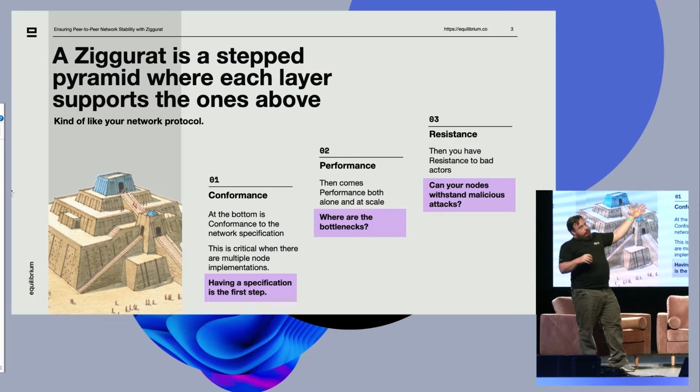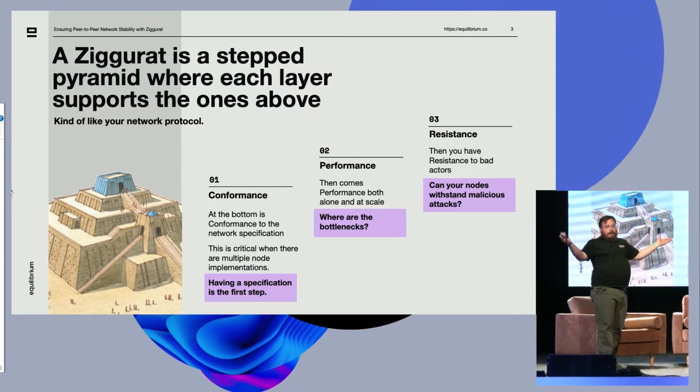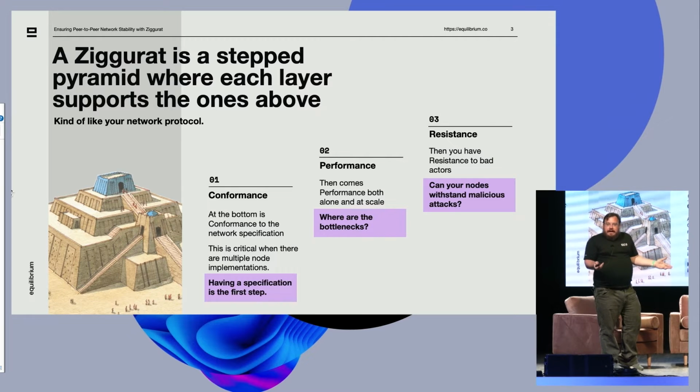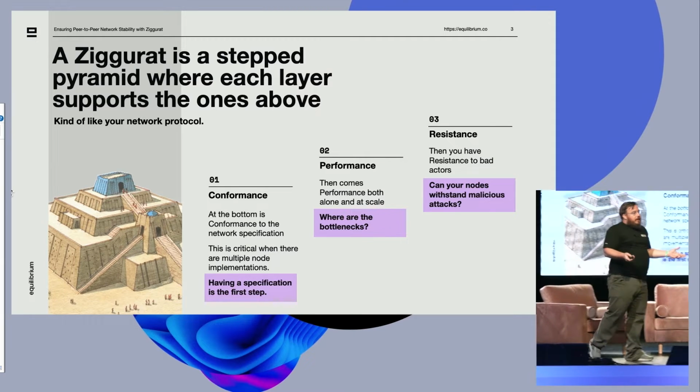Above that is performance, which is, are there bottlenecks? Does the thing perform under scale when you have thousands upon thousands of nodes running your blockchain network? And above that, unfortunately, you have to deal with jerks in the blockchain network, malicious actors that are going to try to do bad things. And is your network going to be resilient to those things? So that's what we're here to validate and figure out.